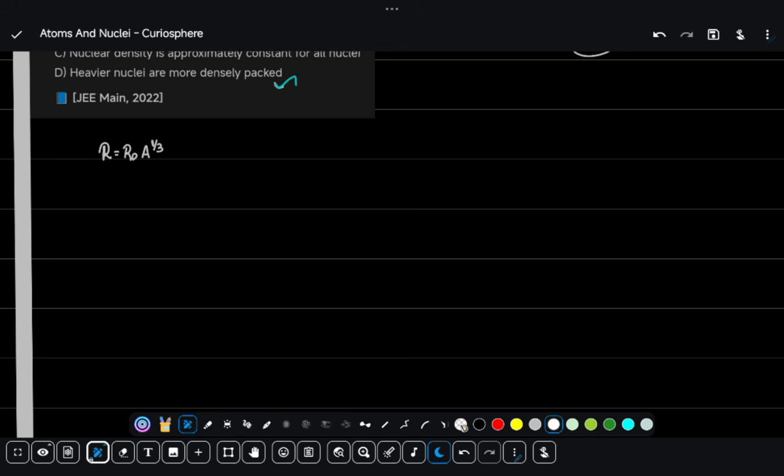In that, the strong nuclear force exists only within a specified range of distances, approximately 10 power minus 15 meter to 10 power minus 14 meter, but whatsoever it is, strong nuclear force, we know it exists between the neutrons and the protons inside the nucleus, and their range is between 10 power minus 14 to 10 power minus 15.